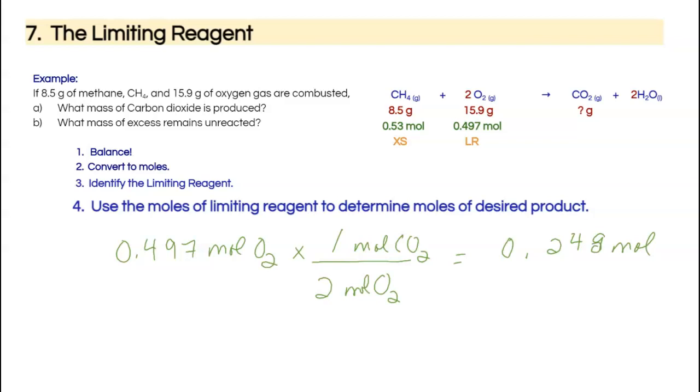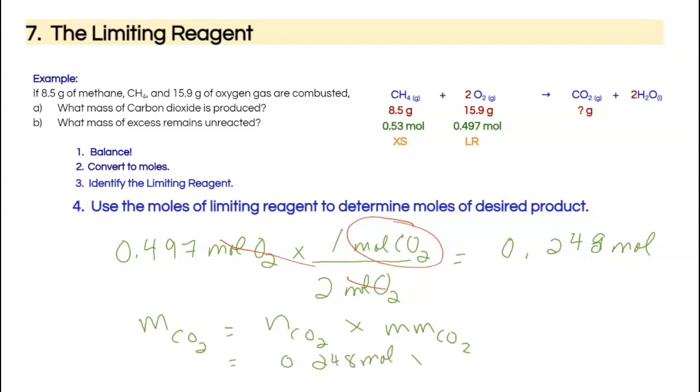And so now that I know that I have that many moles of carbon dioxide, I can go ahead and convert that to grams as was requested in the problem. So my mass of CO2 is going to be the number of moles of CO2 times the molar mass of CO2. And so I have 0.248 moles times the molar mass of CO2, which is, 1 carbon and 2 oxygens, should give us a mass of 44.01 grams per mole.